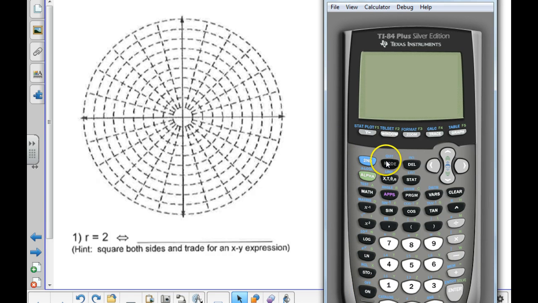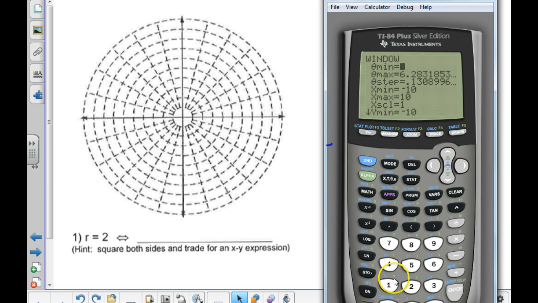So on mode, here we go. We were working in degrees and polar, and then we went to y equals, and this one just says r equals 2.